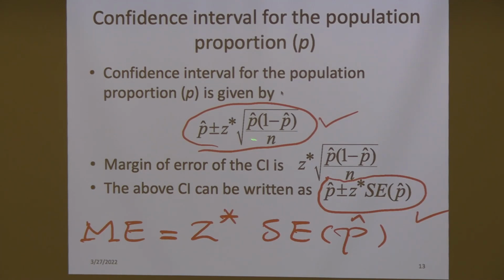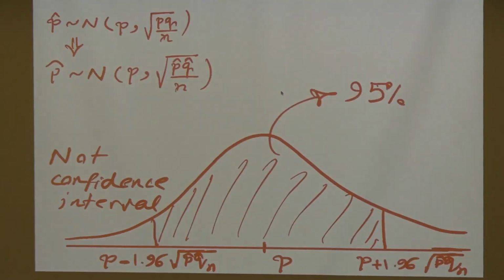This one is the standard error, the square root of p hat q hat over n. And multiplied by Z star, that is going to give us the margin of error, right? So this is going to give us the confidence interval. And I will show you what is the concept of that.